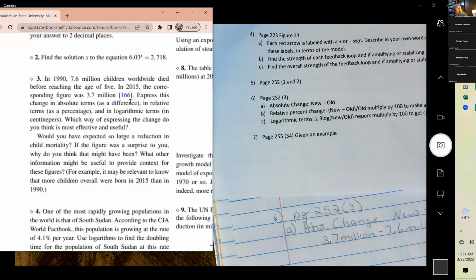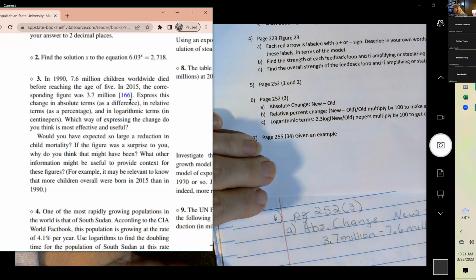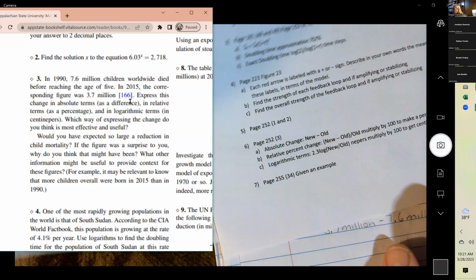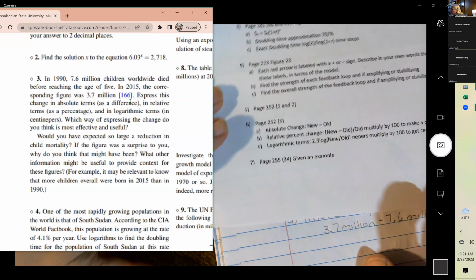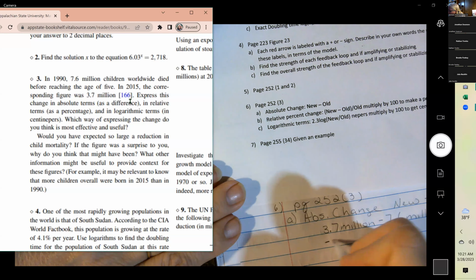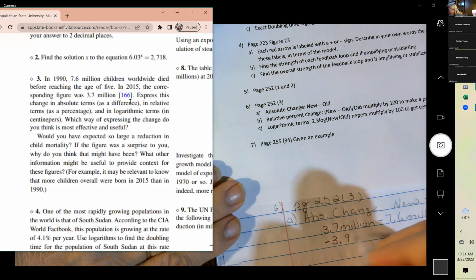So 3.7 minus 6.6. What did I do? Getting a negative 3.9 million.